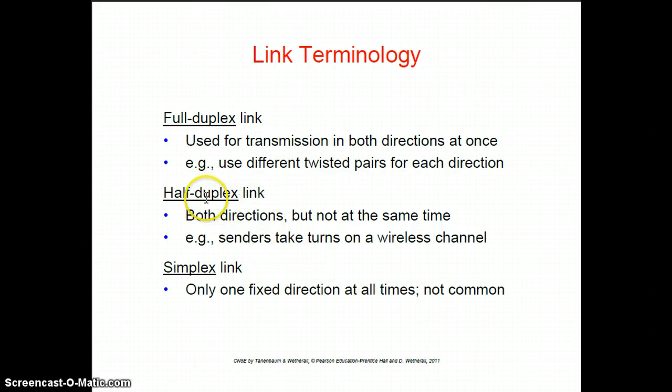Half duplex here is related to both directions. You can transmit and receive in both directions, but only one at a time, not at the same time. Full duplex means that you can transmit and receive at the same time.